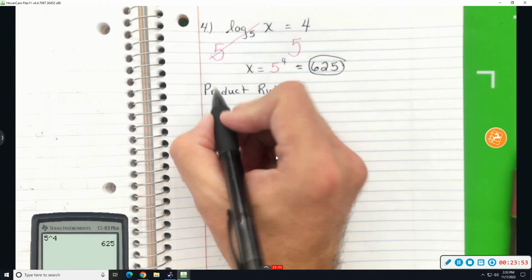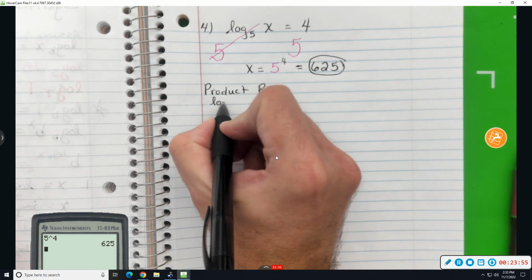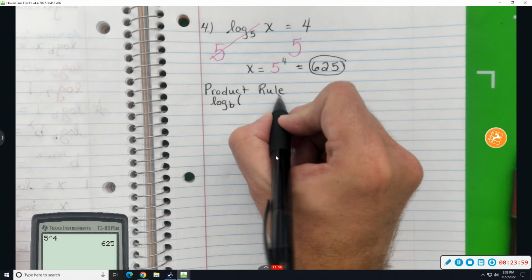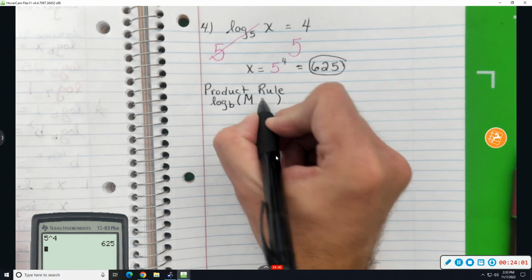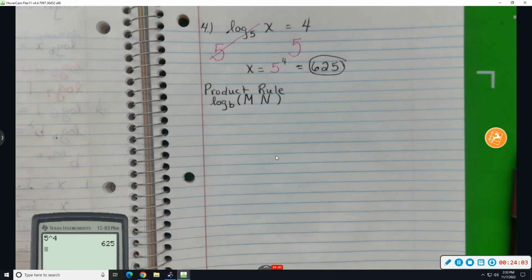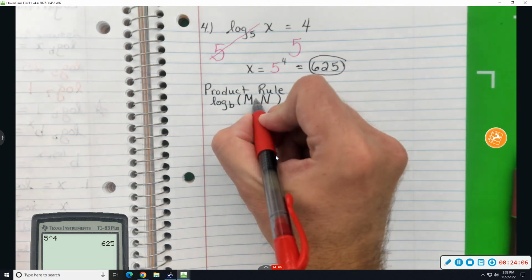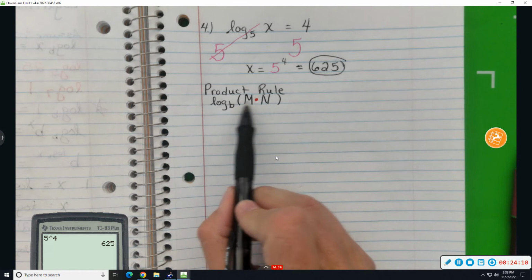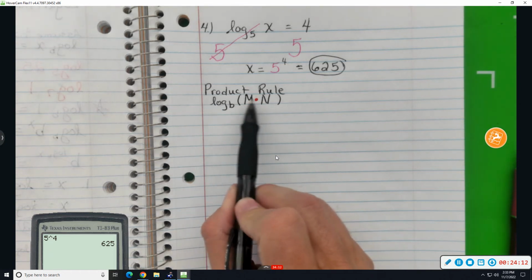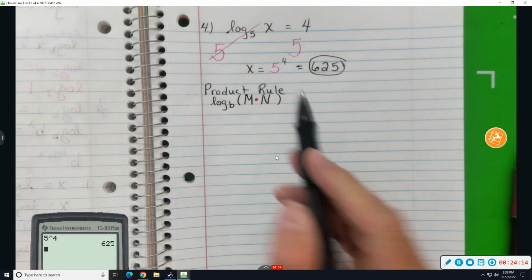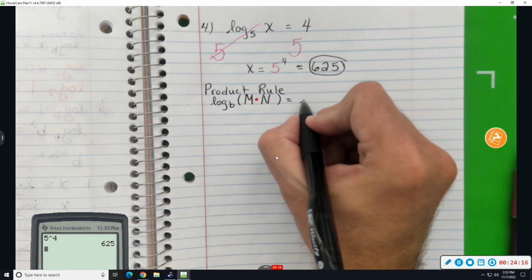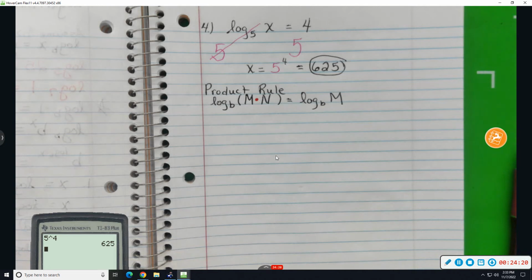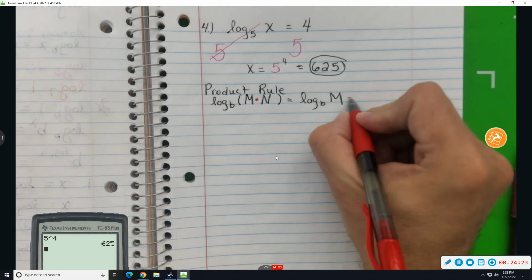Okay? The first one, log base b, product means multiplication. Log base b of m times n. We can separate logarithms at multiplication by writing this as the sum of 2 logarithms.